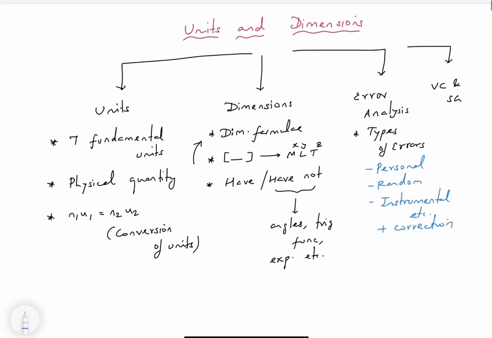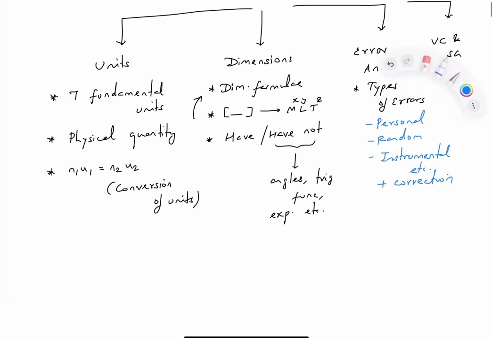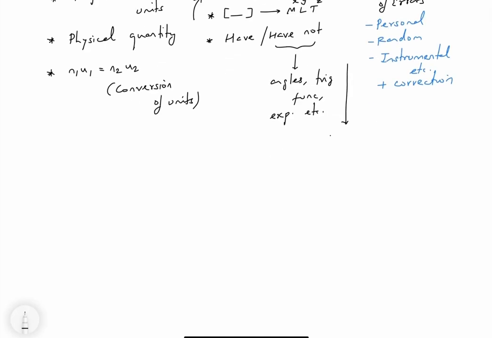Yeah, and also I would say to add another column. This is for rules of significant figures, sig figs plus rounding off, which I forgot.